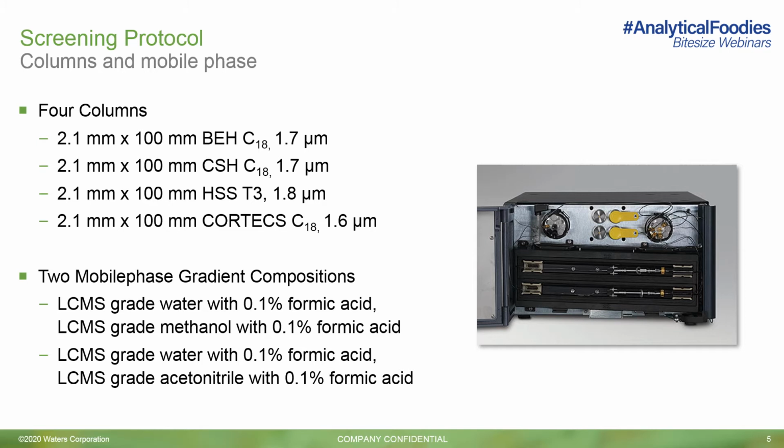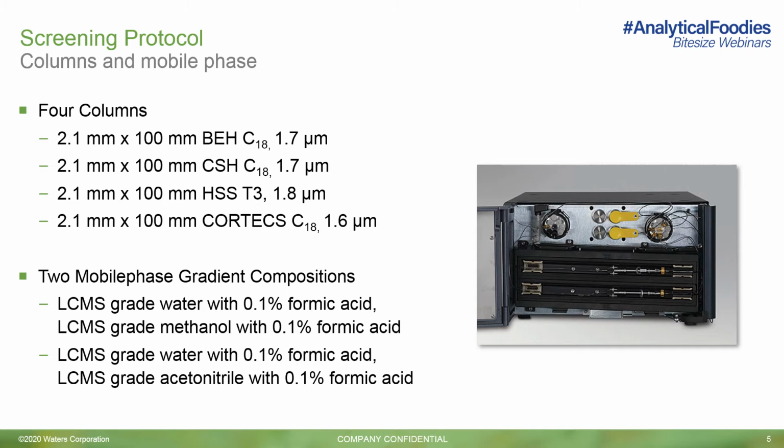The 4 C18 columns shown here have a range of different characteristics which give them unique selectivities. The CORTECS C18 is a solid core particle. It provides high efficiency separations. The other 3 columns are fully porous particles.